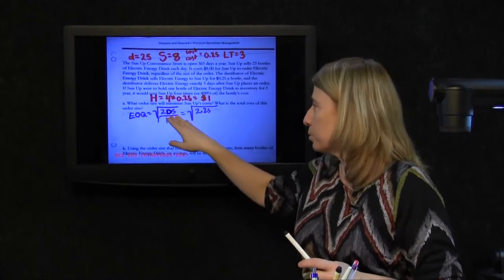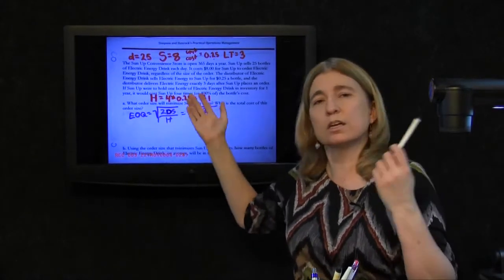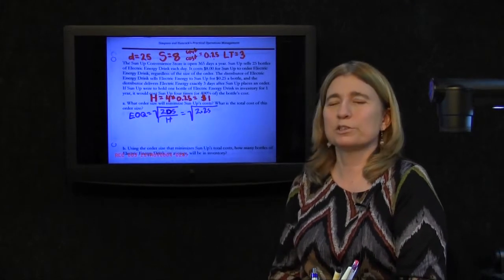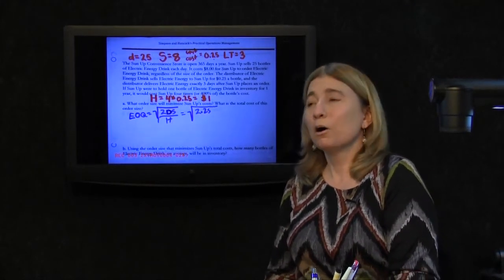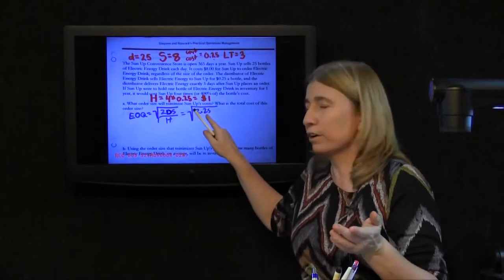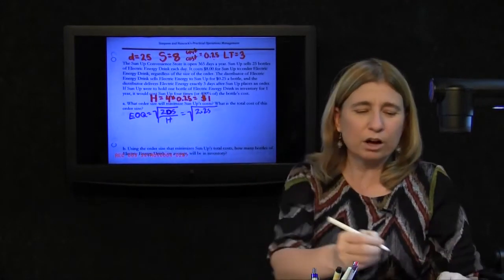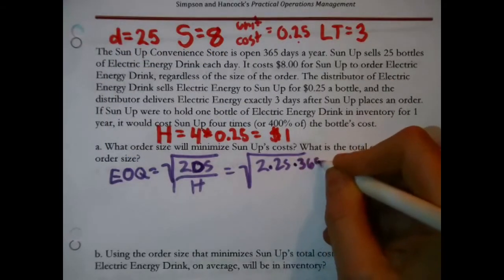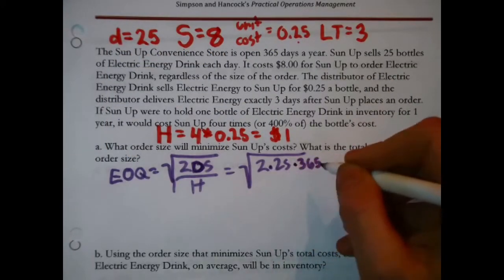Oh, so what are we supposed to put here? They didn't say anything about annual demand. Well, they did say that there was 365 days in their year. Oh, okay, so if they need 25 each day, the 25 I wrote in ink is not strictly wrong as long as I remember to also put 365, which works out to be like 9,000 some odd.